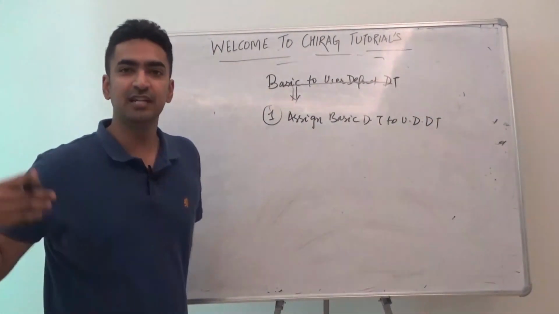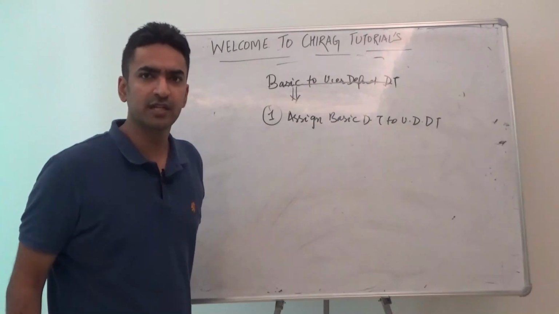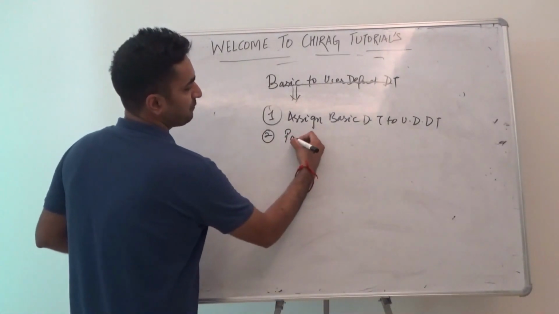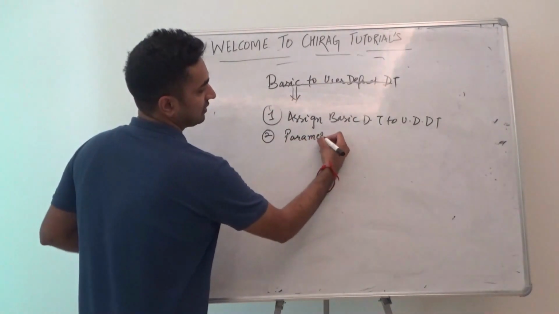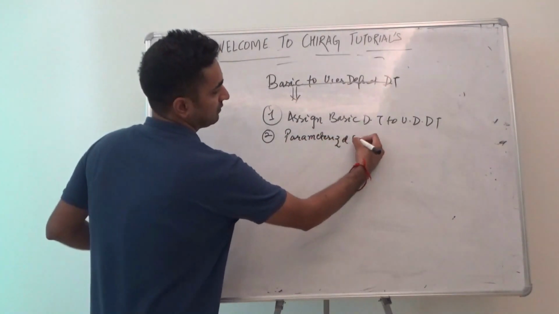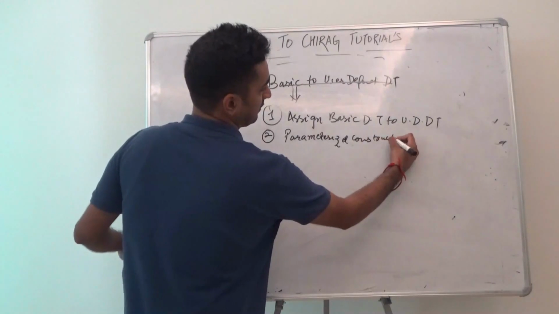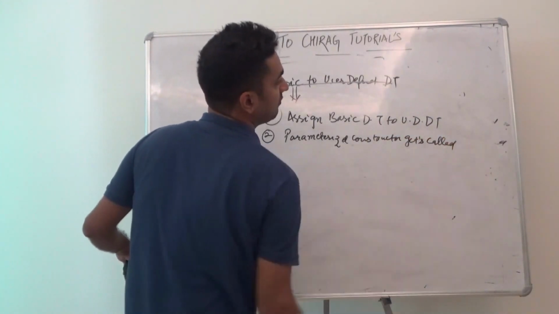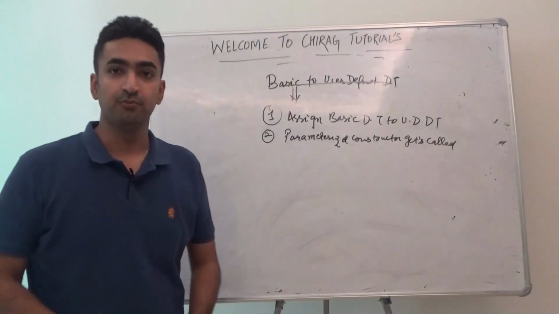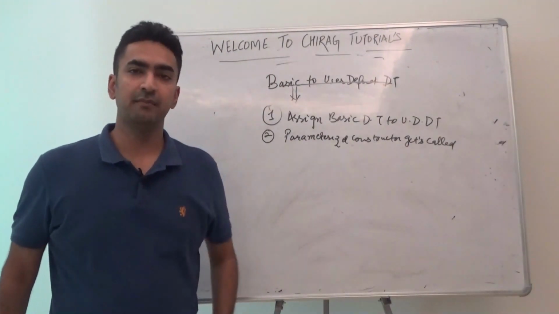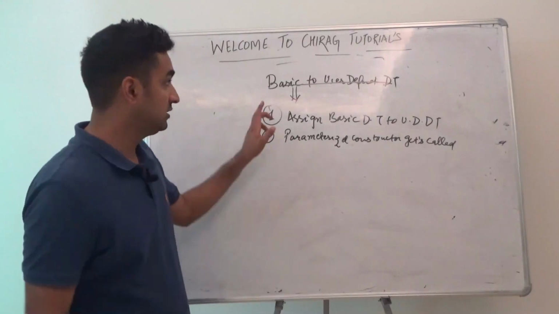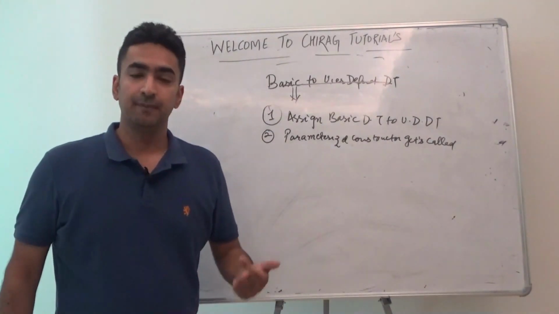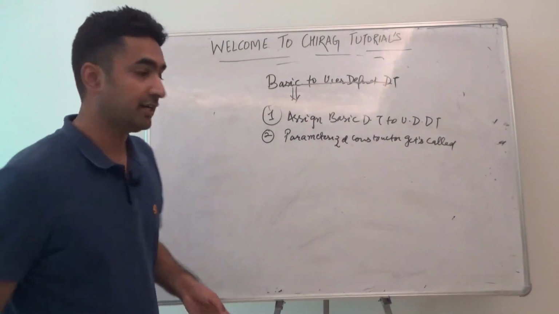Basic data type means integer to any object, and the moment we assign it, a parameterized constructor gets called. The moment you assign this particular value, that moment the parameterized constructor gets called. These are the basic things to convert a basic data type to a user defined data type.